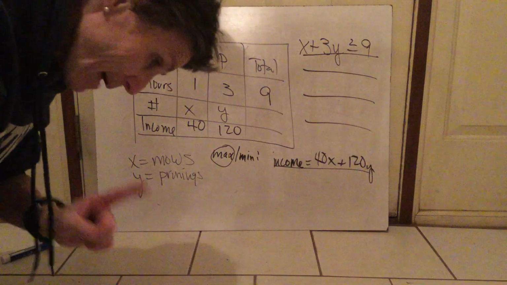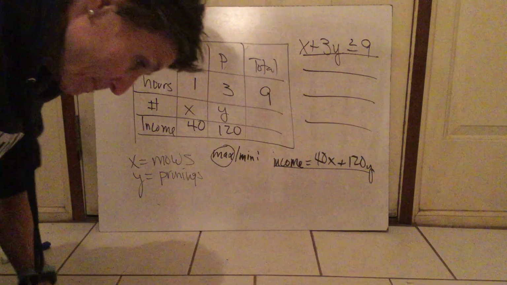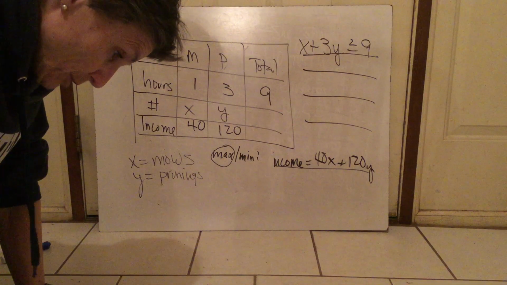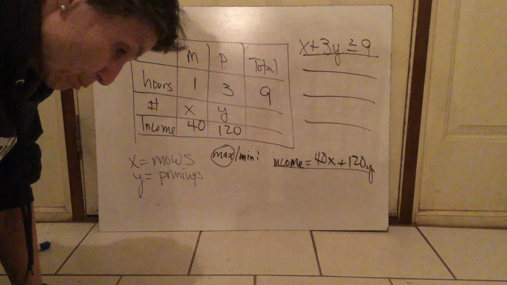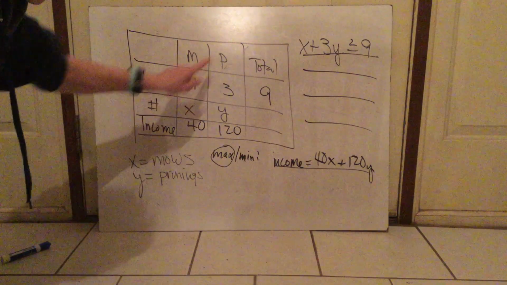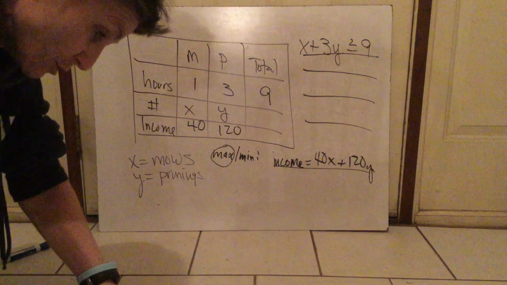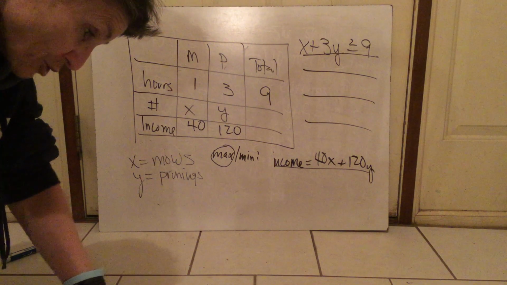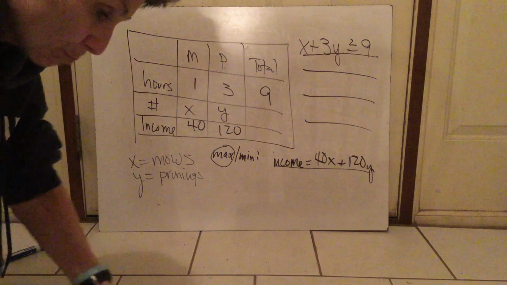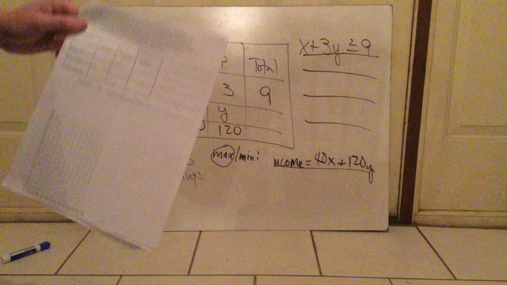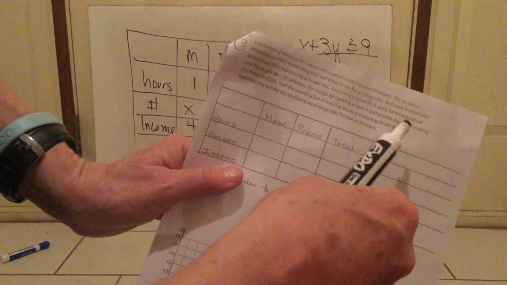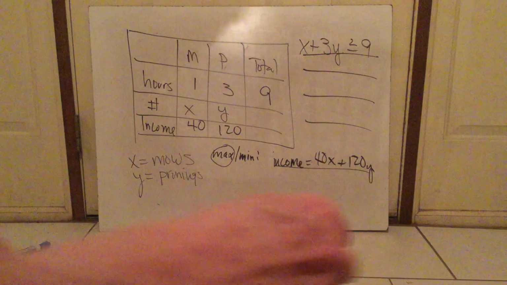Now, we got to come back because there's something in here that we got to make sure we make note of. Each crew is scheduled for no more than 2 pruning jobs per day. So pruning jobs are Y. What do we know about our Ys? I don't know if you can read this or not, but each crew is scheduled for no more than 2 pruning jobs a day.